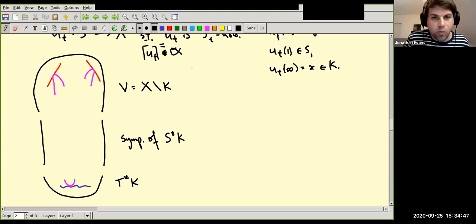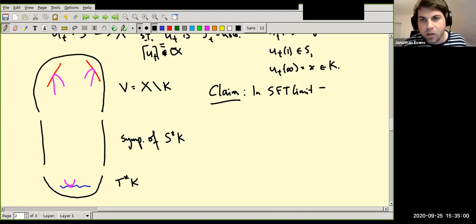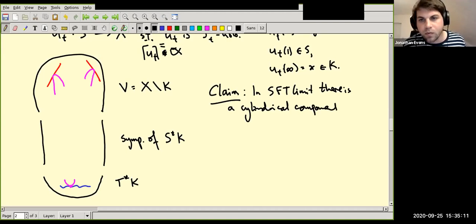So here is what I claim is the fishy thing. Let me get the statement right. So in the SFT limit, there is a cylindrical component through X, which has odd homological intersection with the Klein bottle.